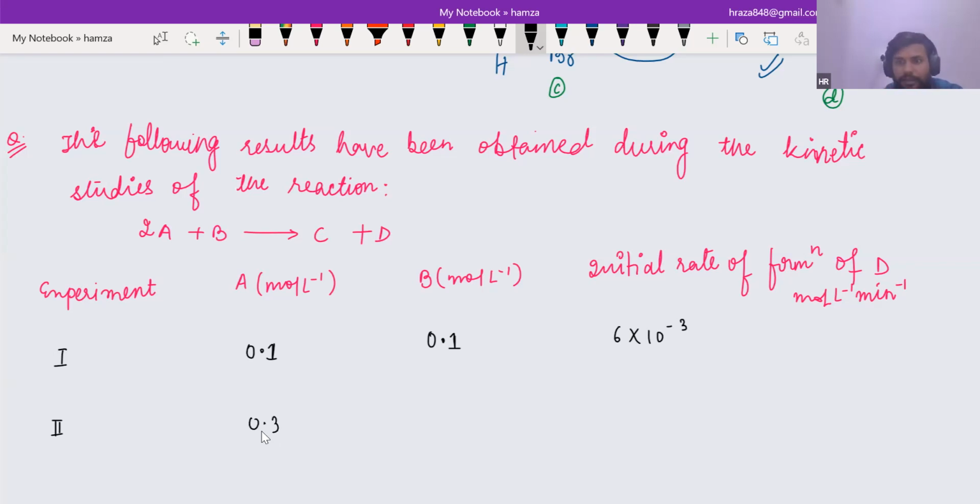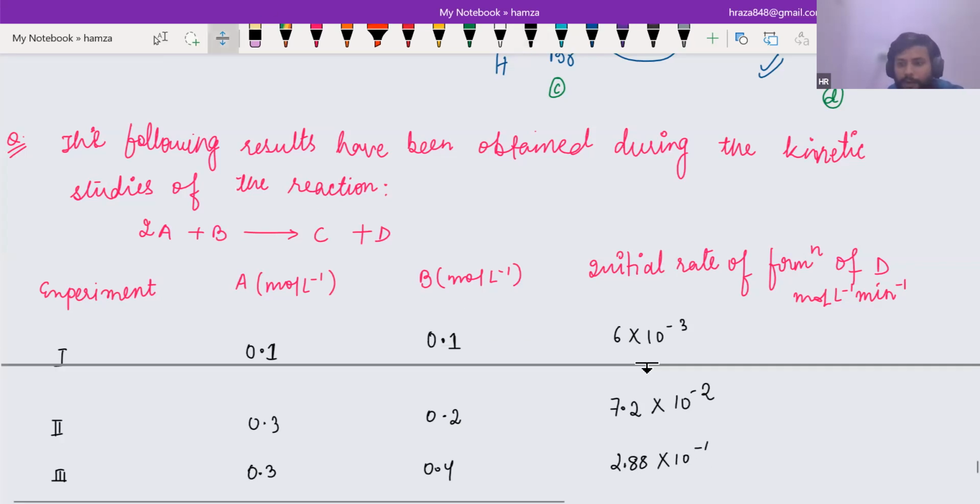Now its concentration is 0.3 and B is double, 0.2, and the rate is changed to 7.2 into 10 raised to the power minus 2. The third experiment shows that A has the same concentration as the second one, but B is double that of the second, or 4 times the first. Now the rate is 2.88 into 10 raised to the power minus 1.